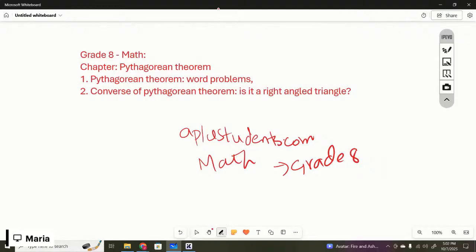We're going to start with the chapter that is Pythagorean theorem. The lessons we're going to cover today are Pythagorean theorem word problems and converse of Pythagorean theorem in a right angle triangle.